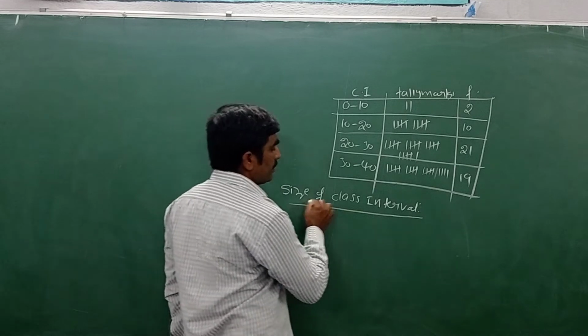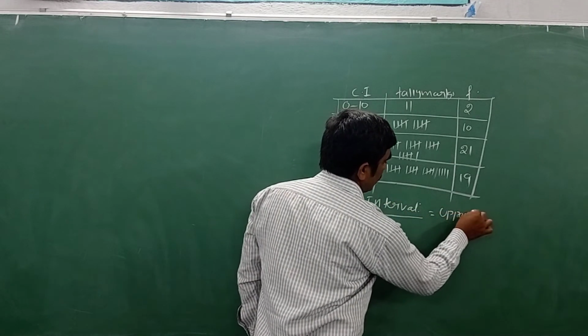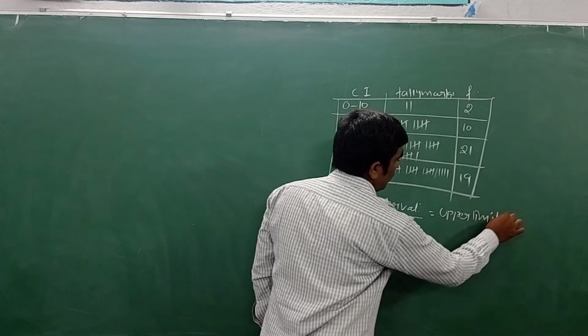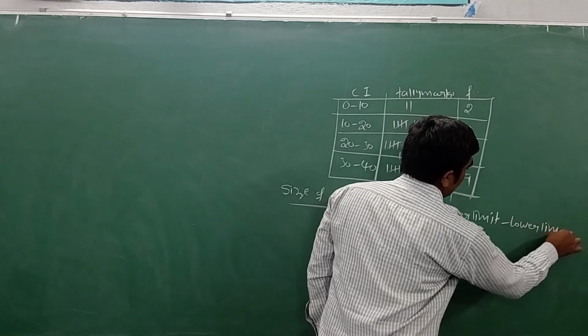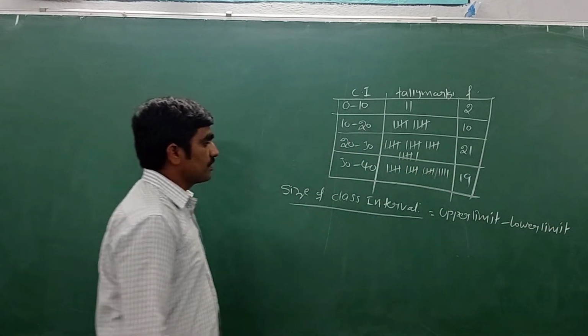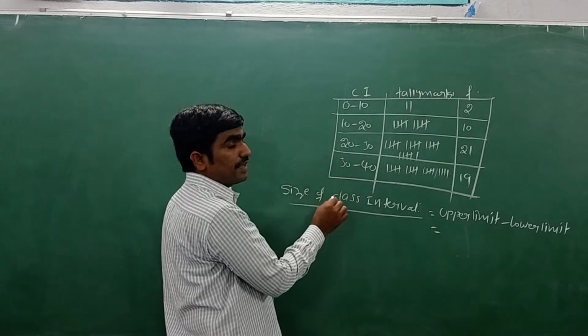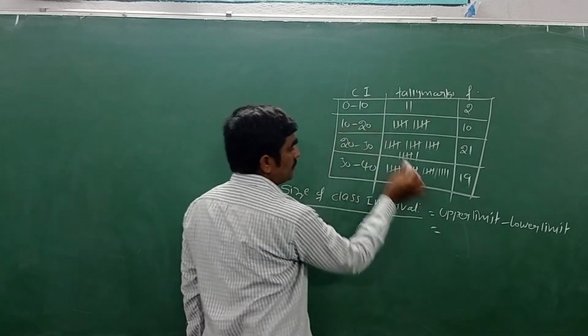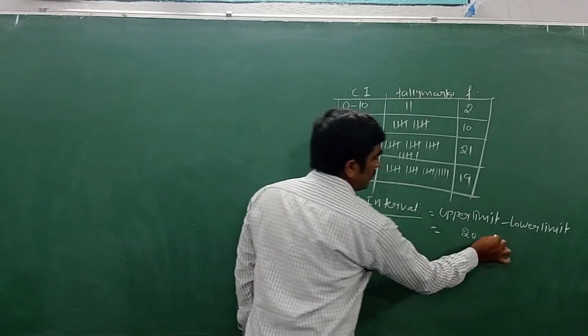Or else, to find the size of the class interval, we have a formula. What is the formula? Upper limit minus lower limit. By using this, we will find the size of the class interval. See, when you take any one class interval, the upper limit is 20. What is the lower limit of that particular class interval? 10.